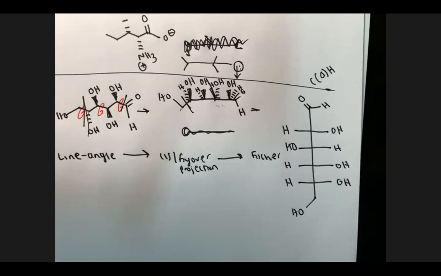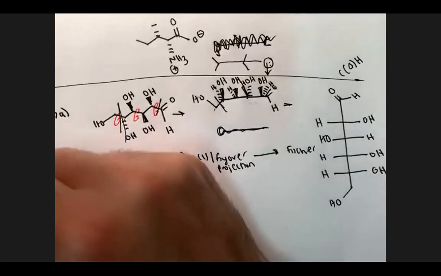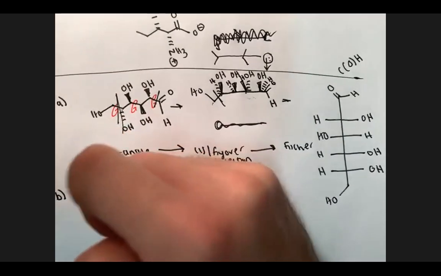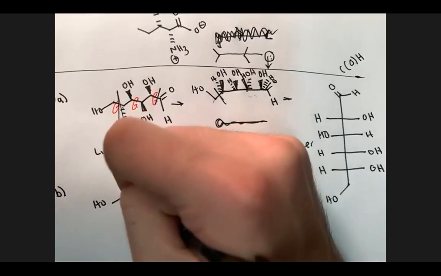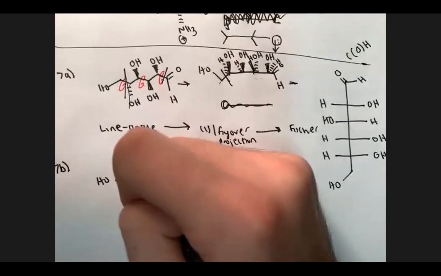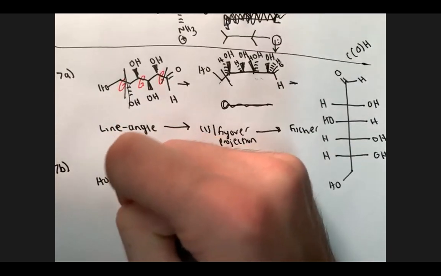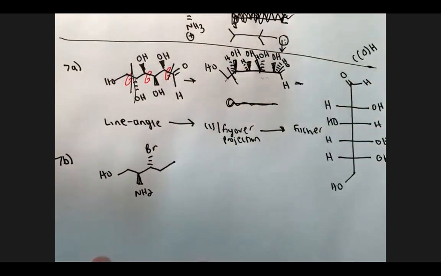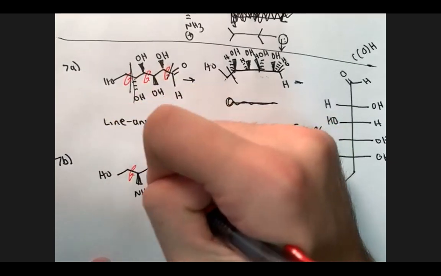Okay, cool. So let's keep doing more. That's 7A, 7B. We have a less complicated one, so we have this and we have that. It doesn't matter which bonds you pick as long as it's every other one. So let's just pick this one and that one.